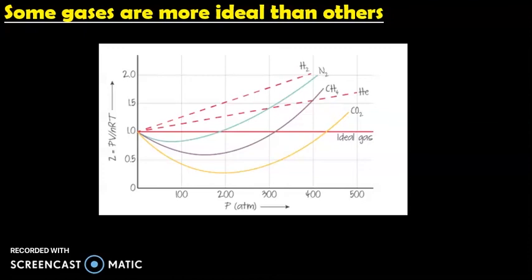That's why you see helium is closer to the ideal gas, because it has a molar mass of 4. But gases such as carbon dioxide and methane will deviate the most from ideal behavior. This is because there are strong intermolecular forces between the molecules. Or even worse for ammonia, which has hydrogen bonding, the strongest intermolecular force of attraction, the deviation from ideal behavior is even greater.